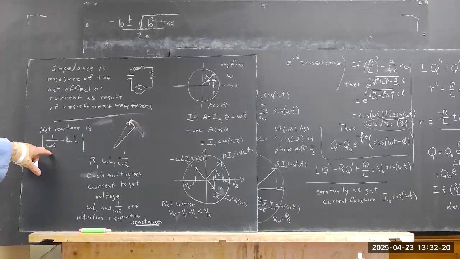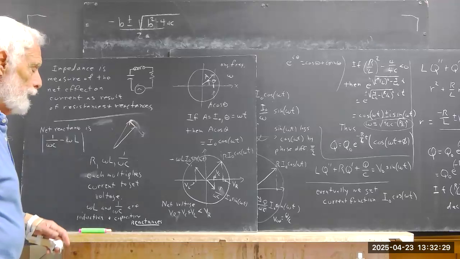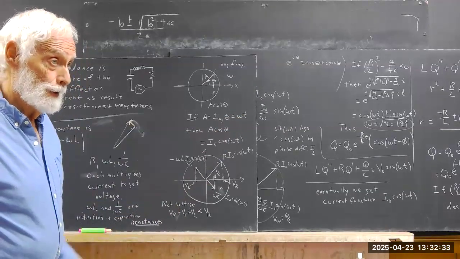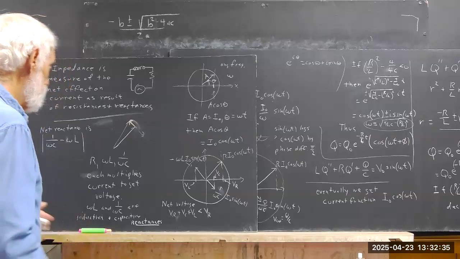Your net reactance is the magnitude of this. It's perpendicular to the resistance, the effective resistance.